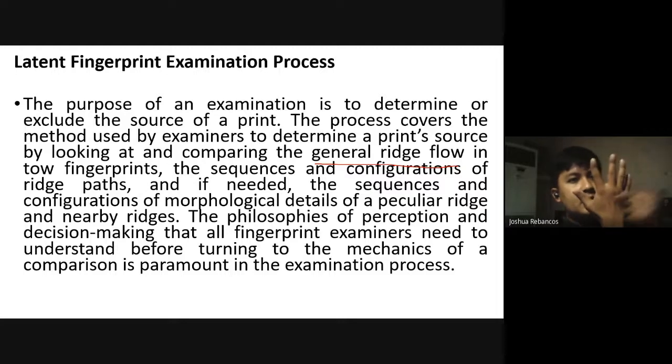Pag towards the left or ulna bone or little finger, it is considered as ulnar loop. Okay? So, magkaparehas ang ridge flow. Ibig sabihin, iisa. May possibility na siya yung perpetrator.